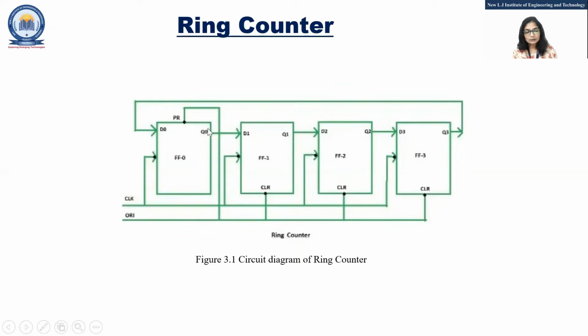Then output of this flip-flop will be given to the next flip-flop serially. One bit we are transmitting at a time. Then output of this Q1 will be shifted to D2, input to next flip-flop. Then output of this flip-flop will be given to the next flip-flop input, like this way. So simply we are transmitting data serially. So this shift register we are using in this ring counter.